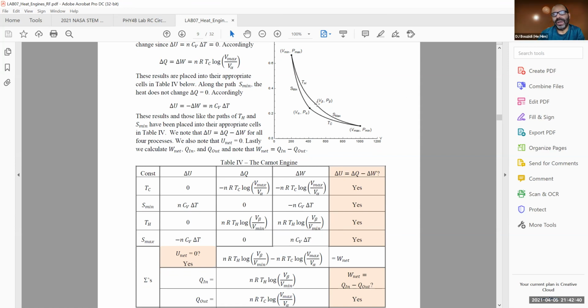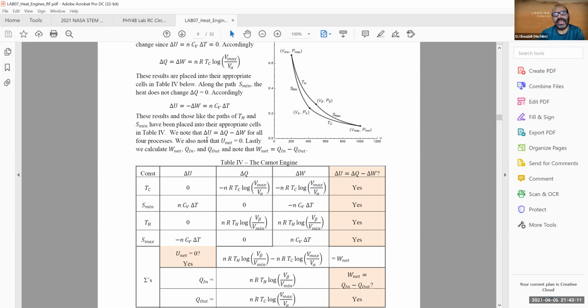Now we're going through this adiabatic expansion, going from V beta to V max. Pressure is dropping from P beta to P min. So in this case, delta U is equal to minus dW. Delta U is always nCV delta T, T final minus T initial, which in this case is T cold, lower than T hot.